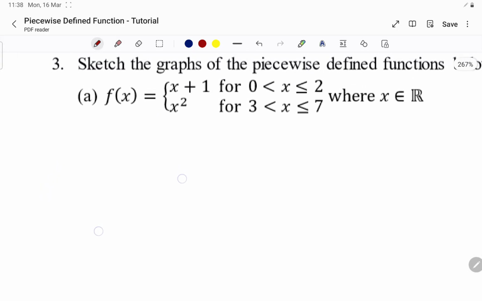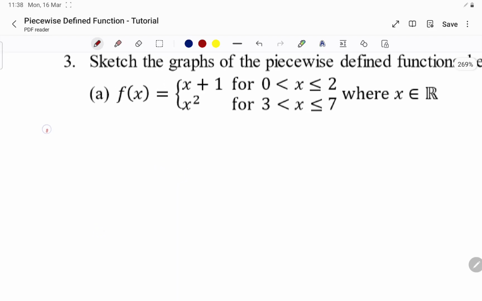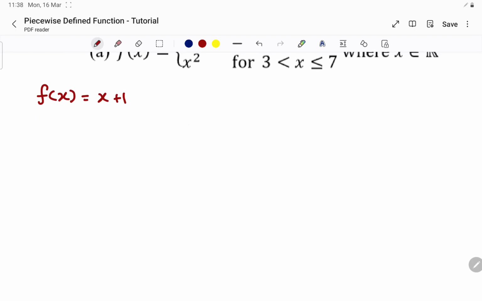First we will settle the linear, x + 1, with the range 0 < x ≤ 2. In order to draw a linear function, we have to find two coordinates.